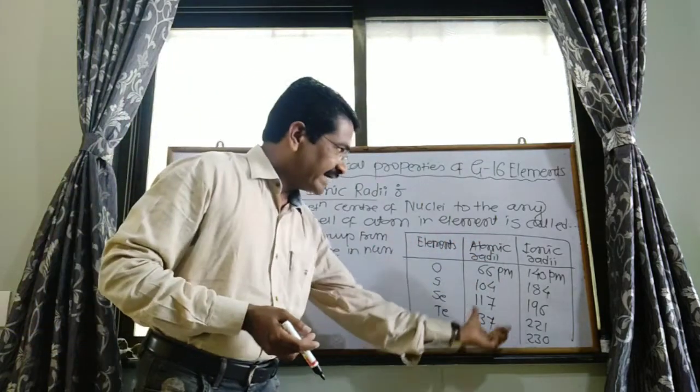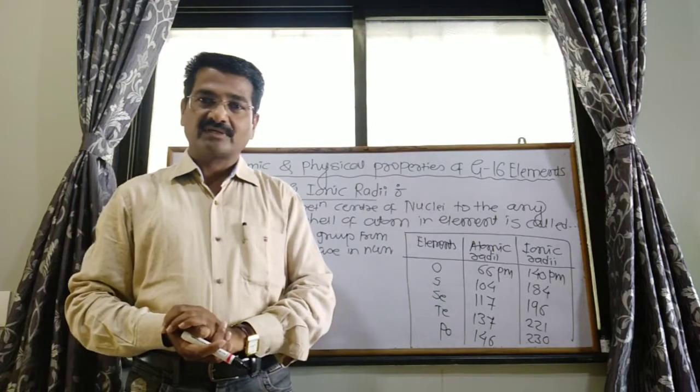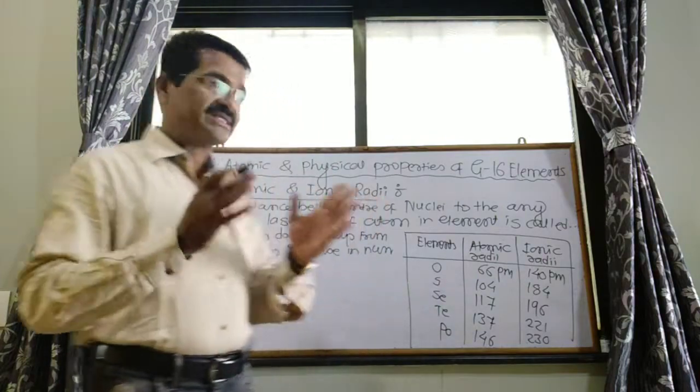Like the atomic radii, the ionic radii also increase from top to bottom, down the group from oxygen to polonium. What is the reason?